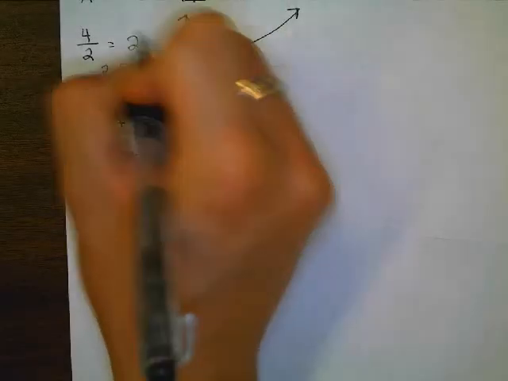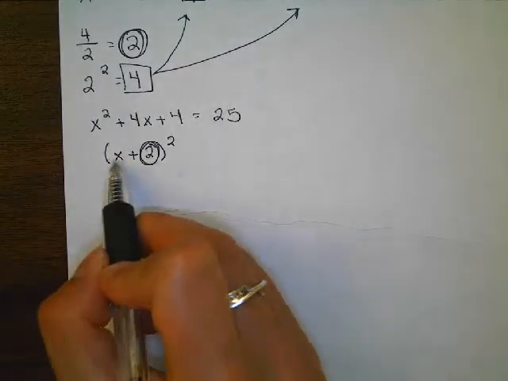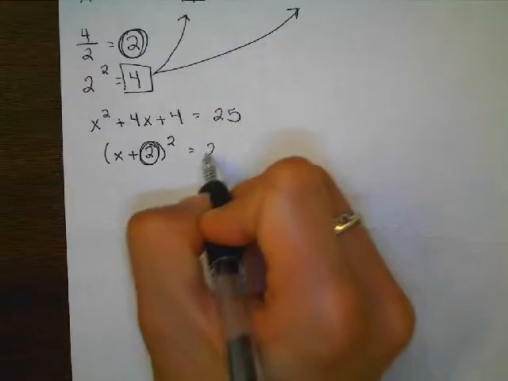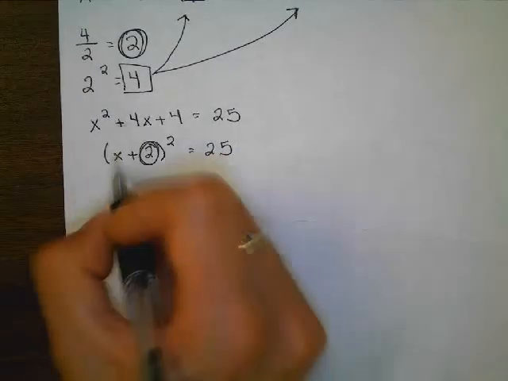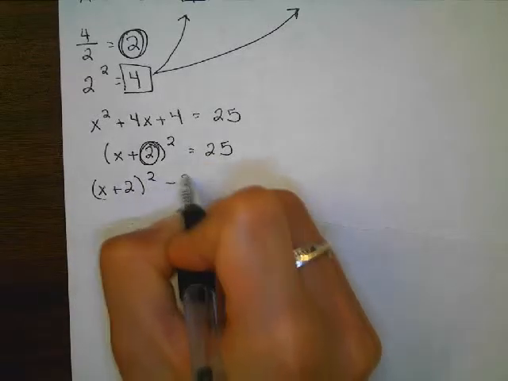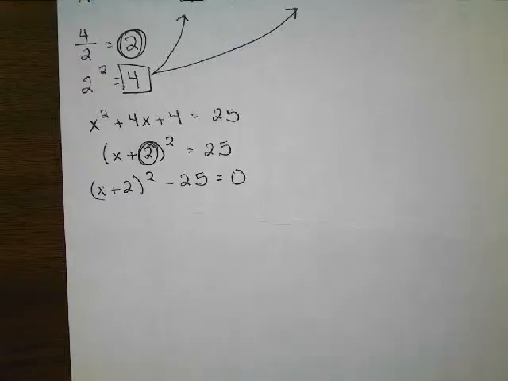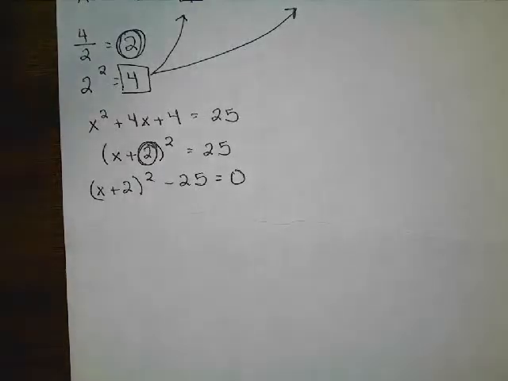This number here always comes from whatever this number is. So we have x plus 2, that whole thing squared, equals 25. And then we subtract the constant back over to the other side. And now we have completed the square. From here we can solve and figure out what x is, but for now we're just going to complete the square.